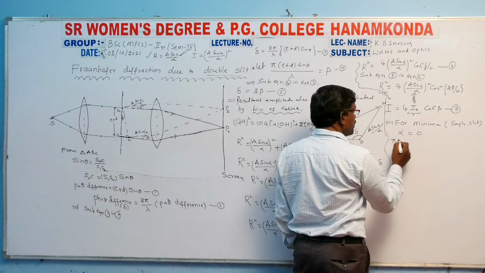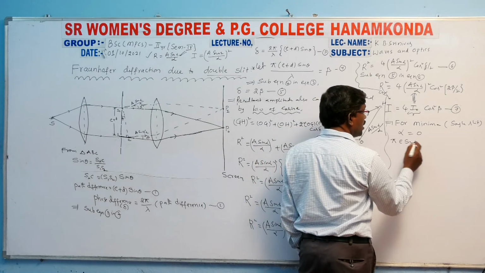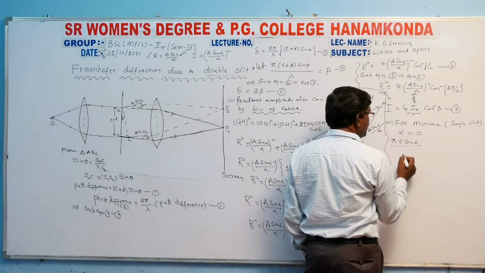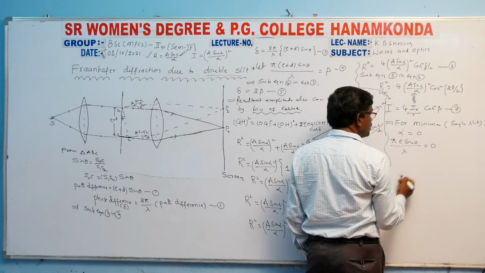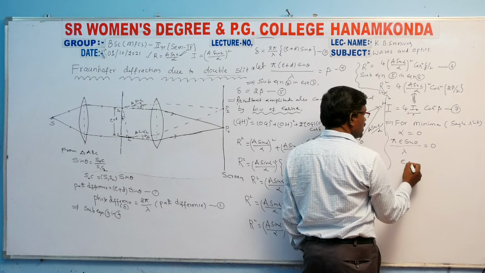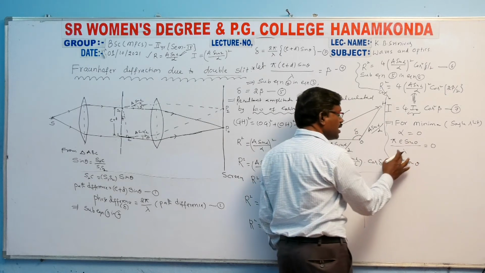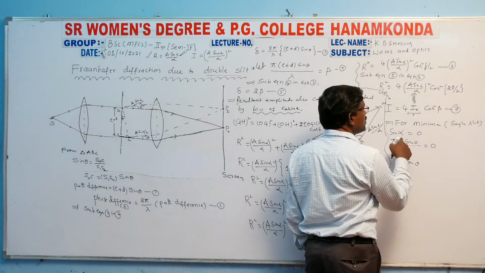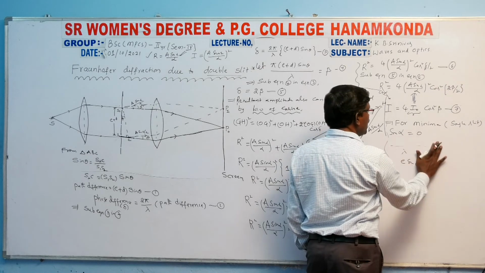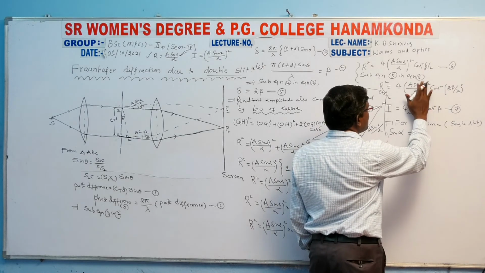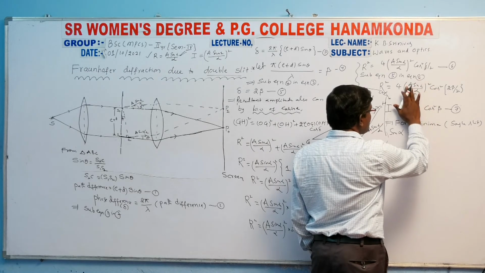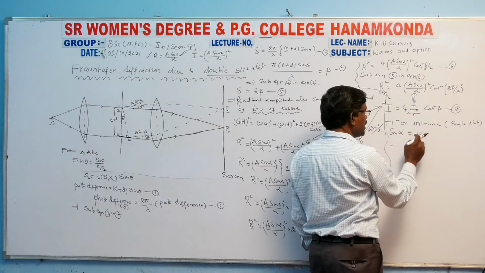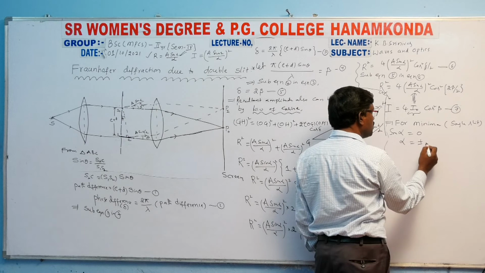Alpha value is pi e sin theta by lambda. Pi e sin theta by lambda is equal to 0. So sin alpha is equal to 0. When sin alpha is 0, this total term becomes 0, so the total value I naught becomes 0. So we get minimum when sin alpha is equal to 0, when alpha is equal to plus or minus m pi.